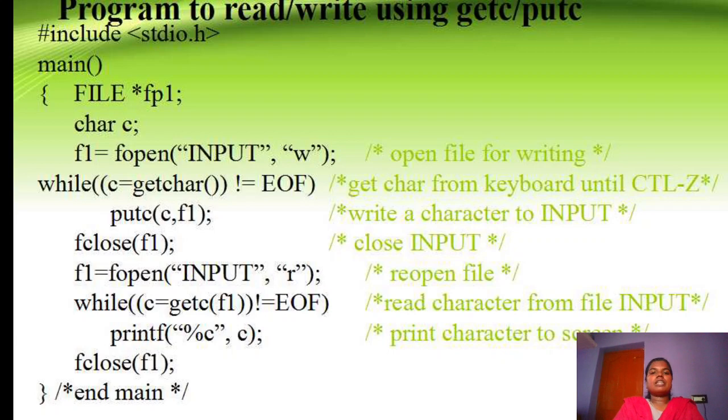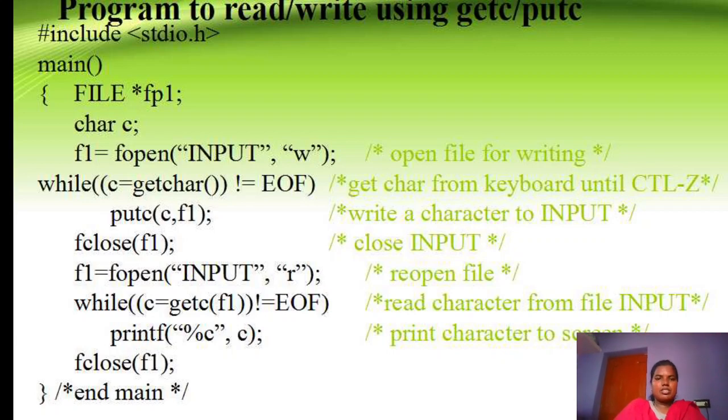While c is equal to getchar is not equal to EOF, that means we have to check up to the end of file, putc(c, f1), then fclose(f1). f1 is equal to fopen(input, read mode). That means we are opening the file input with the read mode. While c is equal to getc(f1) is not equal to EOF, then printf %c.